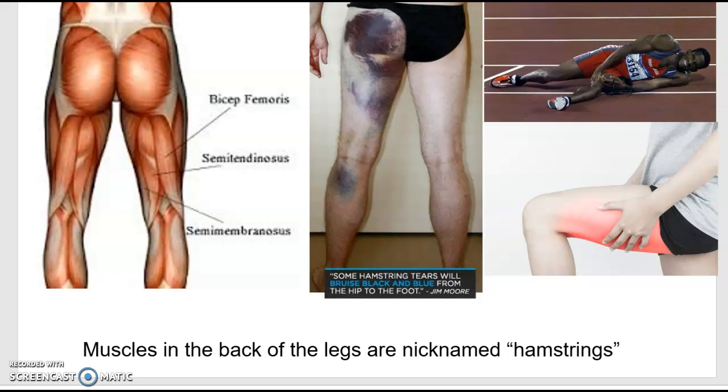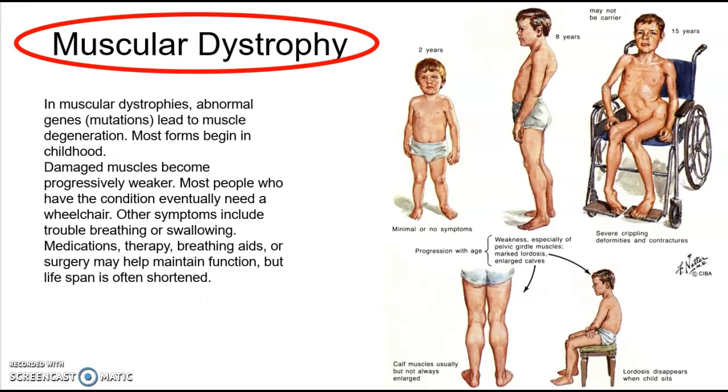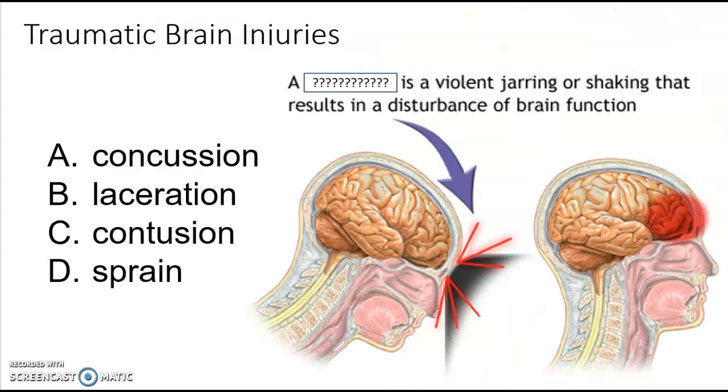Looks painful. Muscles don't have very many problems. This is one exception. A disorder of the muscular system, muscular dystrophy. A blank is a violent jarring or shaking that results in a disturbance of brain function, very often seen in football players.